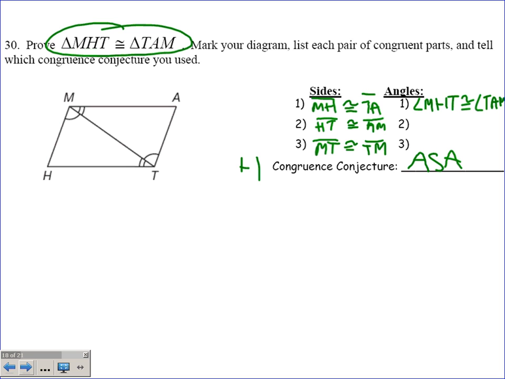And then just shift one. We'll just shift the M to the end, so it'd be HTM is congruent to shift one to the end, so it'd be AMT. And then lastly, put the H at the end, so TMH is congruent to MTA. It's hard to read.